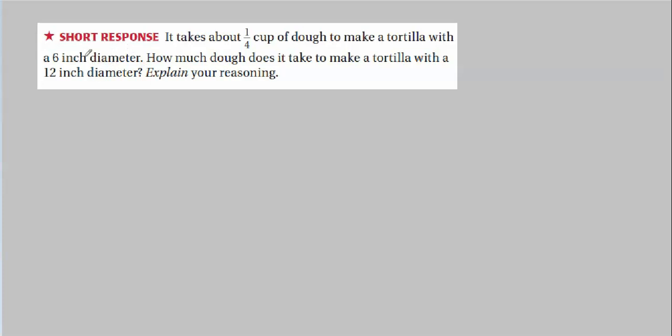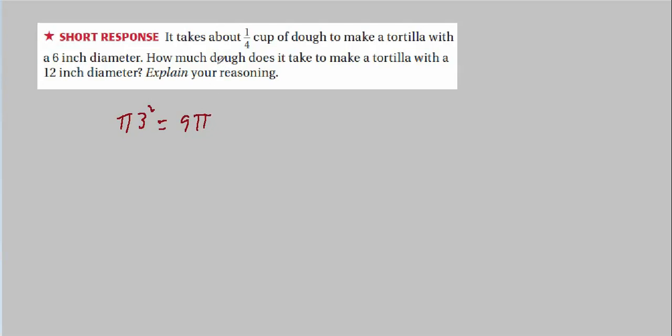What is the area of a tortilla with a 6-inch diameter? Well, it's pi r squared, and r is 3, isn't it? Or 9 pi. What about this one? I haven't worked out an exact number yet, because I think what we care about is the ratios.